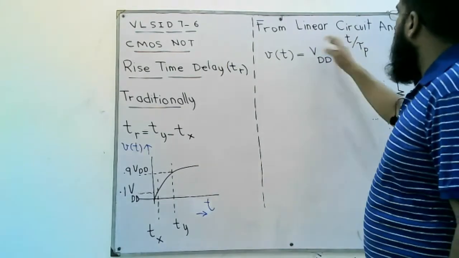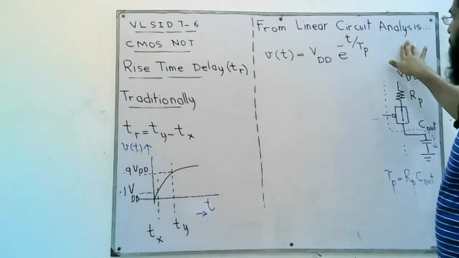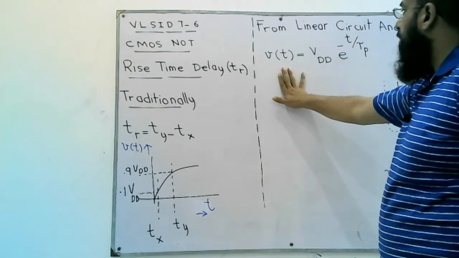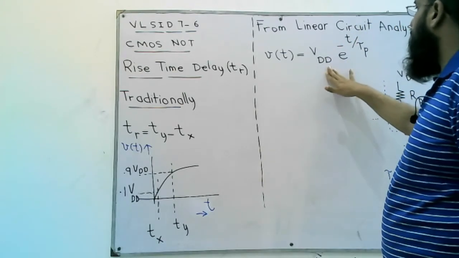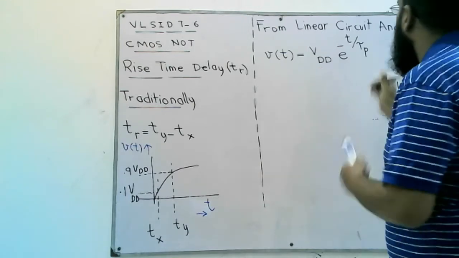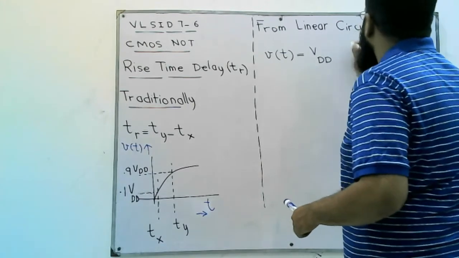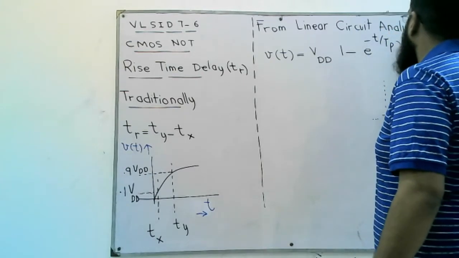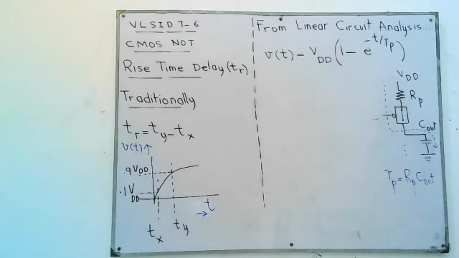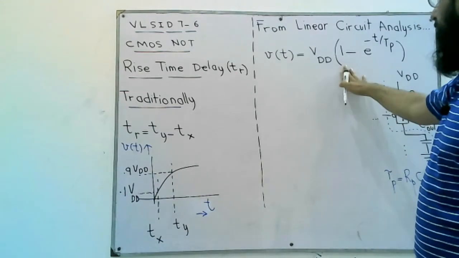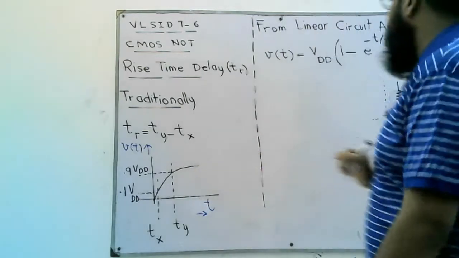For that we'll have to go back to the linear circuit analysis course that we studied in our first semester. V of t is VDD, the maximum voltage, times, it's not e to the minus, it's 1 minus e to the minus t over tau p. So this is the mathematical expression for this curve.